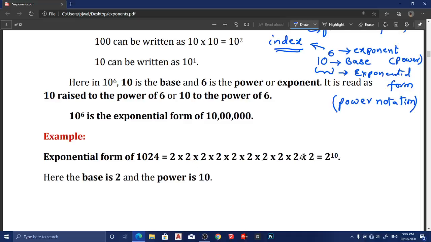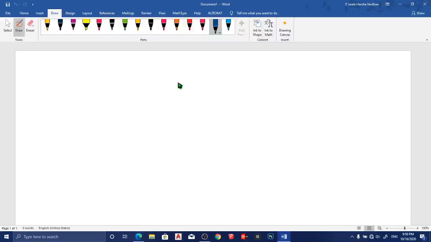You have to find the prime factors of the given number. Now I will show you how to write 1024 in the form of exponential form.